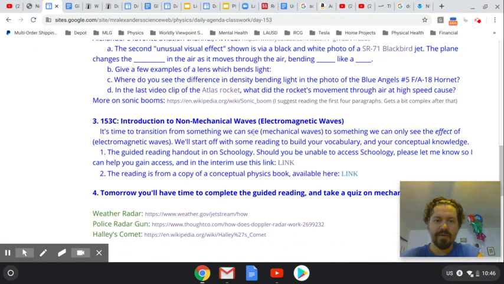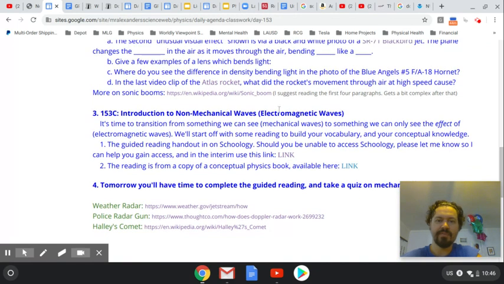Okay, so there's more info on sonic booms if you want to read about it. And then everything else for today is the beginning of looking at electromagnetic waves, so waves that we can't see. We started with waves that you can see, that you can feel, mechanical waves, things that you can whip a hose, a string, and see the wave propagate or move. And talked about interference, where we could see it, right, with sound and things like that, or we can feel it.